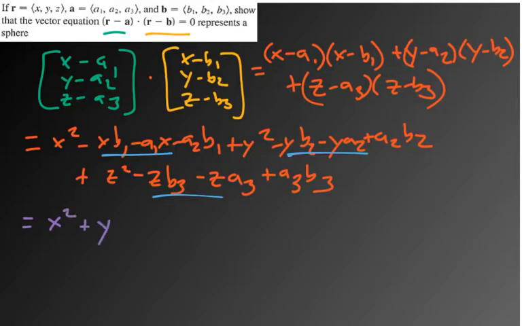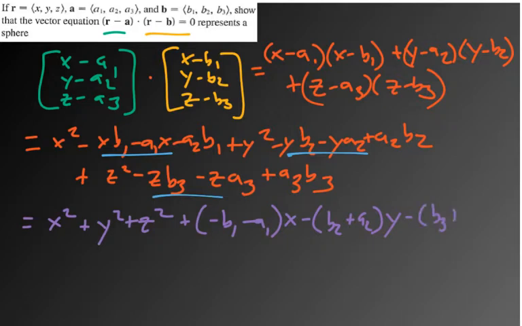I'm going to put all the squared terms in the front too. So I have an x squared, y squared, and z squared. Then I would have negative b1 minus a1 times x. I'd have minus b2 plus a2 times y. Then I'd have minus b3 plus a3 times z.